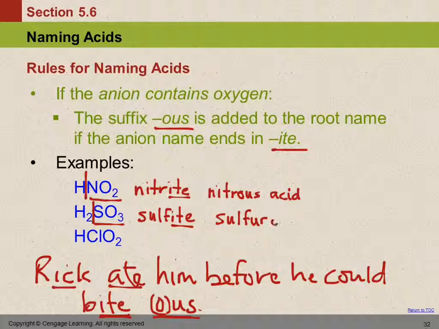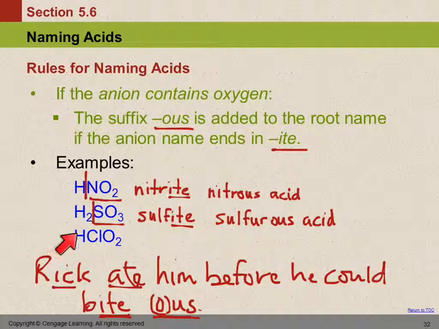So this is sulfurous acid. I'm giving you multiple choice exams, and I will not trick you by putting sulfurous acid and sulfus acid as both choices on an exam. So try to remember the UR coming back, but if you don't remember, it'll be okay. We've got to get these endings right, though.